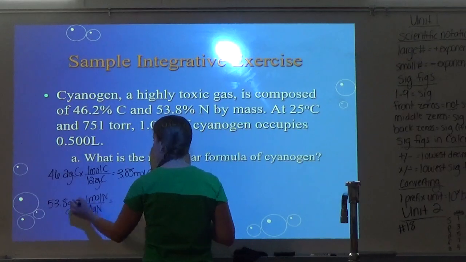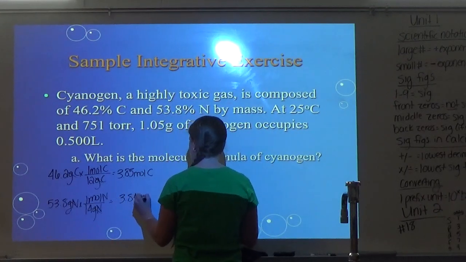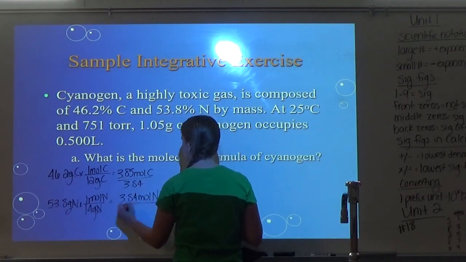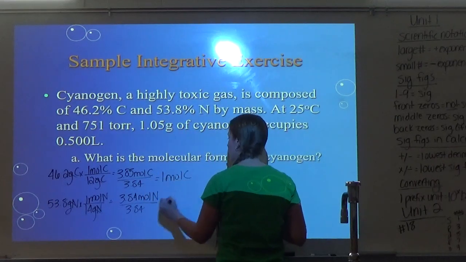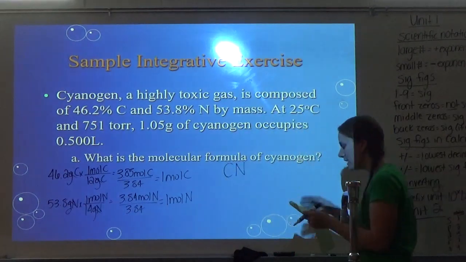I'm just dividing by molar mass. So I get 3.84 moles of nitrogen. Then I divide by the smallest, which is 3.84, which is practically the other number. So I get 1 mole of carbon and 1 mole of nitrogen. That means my empirical formula is CN.